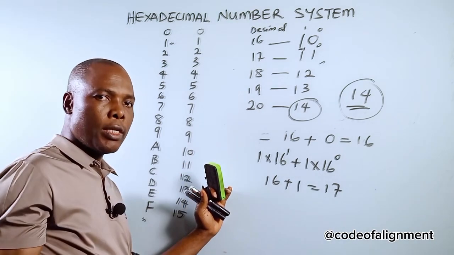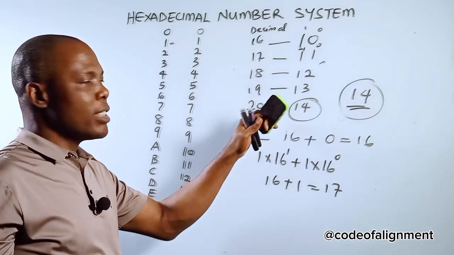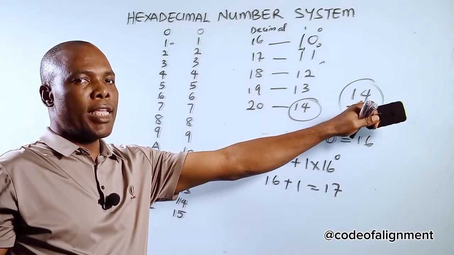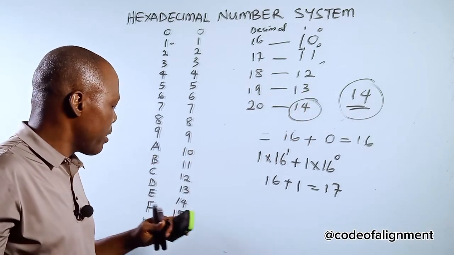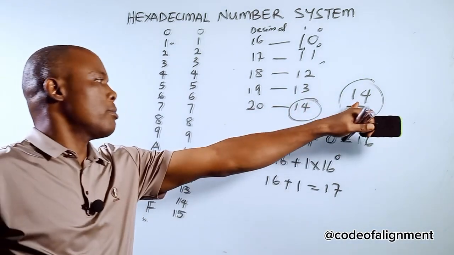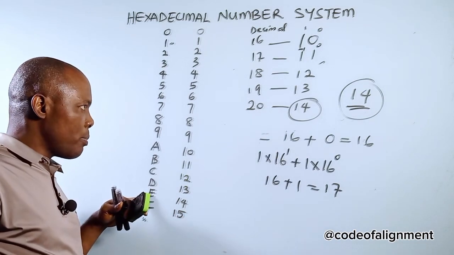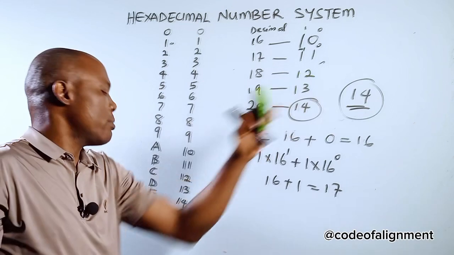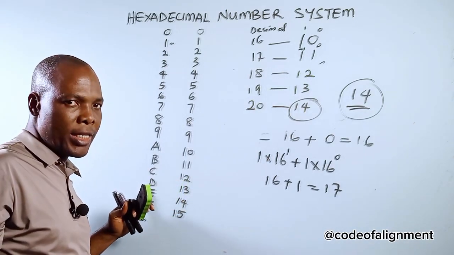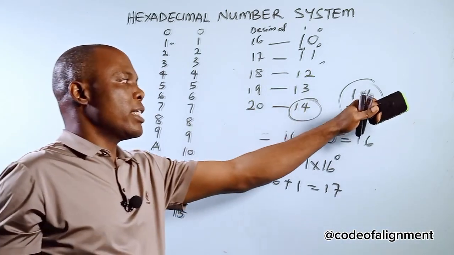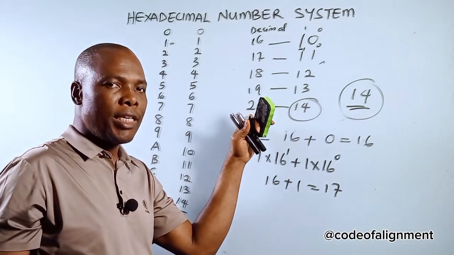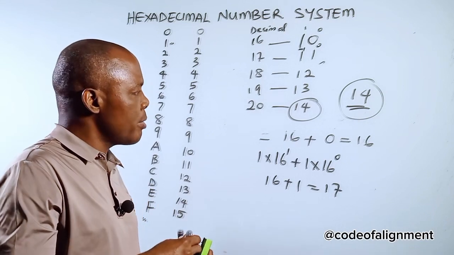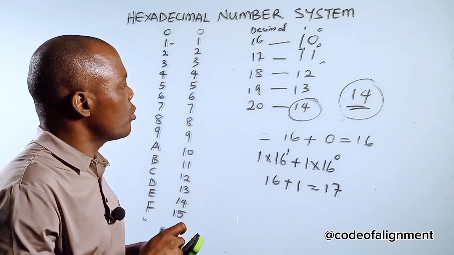It's not 14. It is 20 in decimal, but written as this in hexadecimal. Whereas 14 in decimal is E in hexadecimal. But 14 in hexadecimal is 20 in decimal. So it is very, very important. That is what I want to show you.